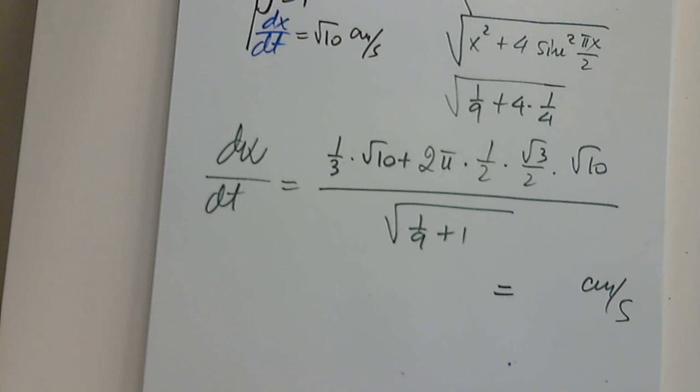2 pi times 1/2, I'm just going to put pi because I simplified again. And then I will put in parentheses the square root of 3 times the square root of 10, which is the square root of 30. Close the parenthesis, come outside of the square root, and divide by 2.